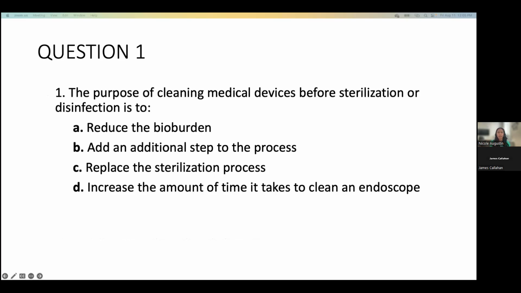Give you guys some time here. And the correct answer is A. Cleaning reduces the bioburden, which interferes with the sterilization process because bioburden can sometimes act as a barrier to the sterilizing agent.